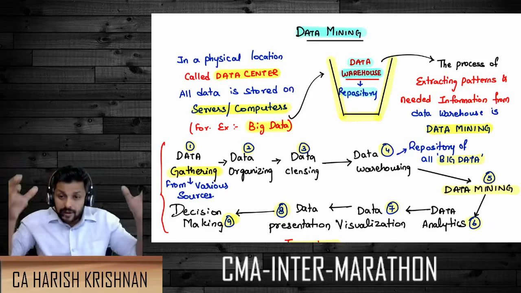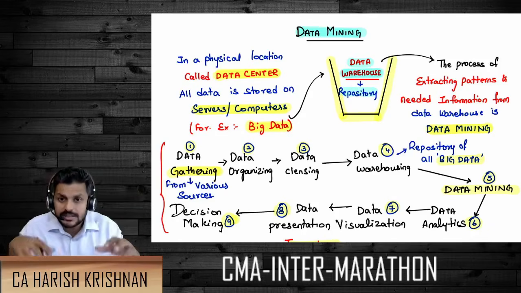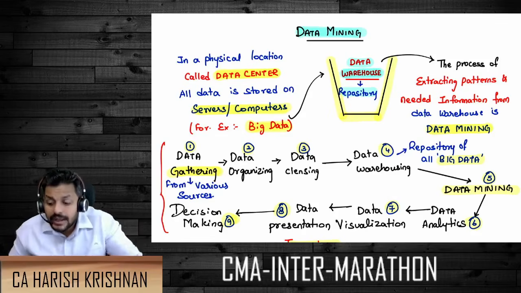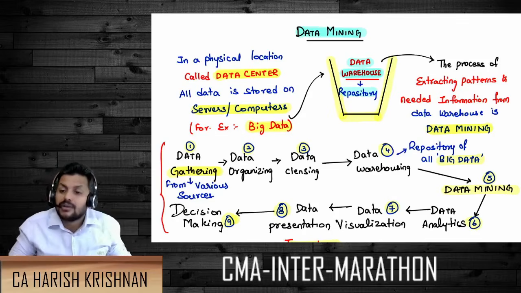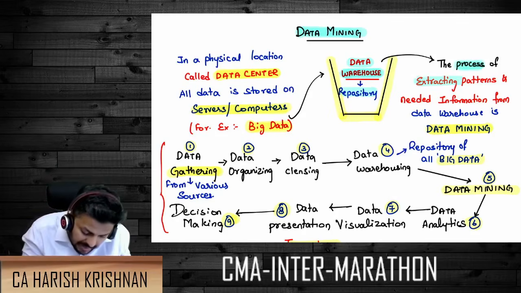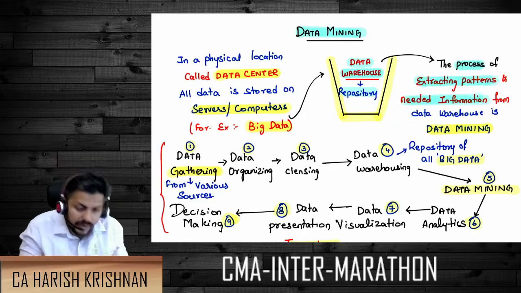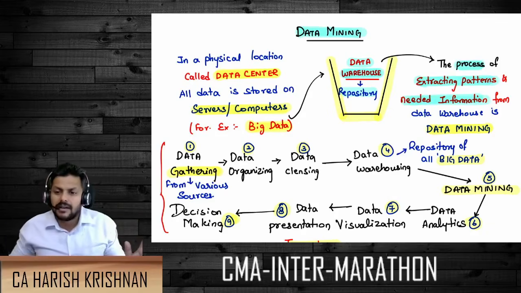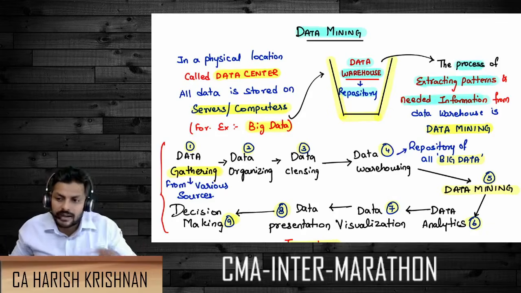Now, from that huge data warehouse with so much data, you have to extract the data that you need. This process, the process of extracting patterns and needed information from this huge ocean of data, the way you are extracting the data, is called data mining.